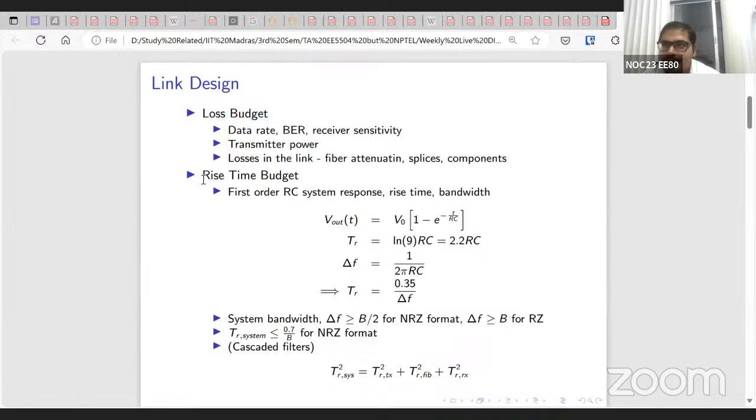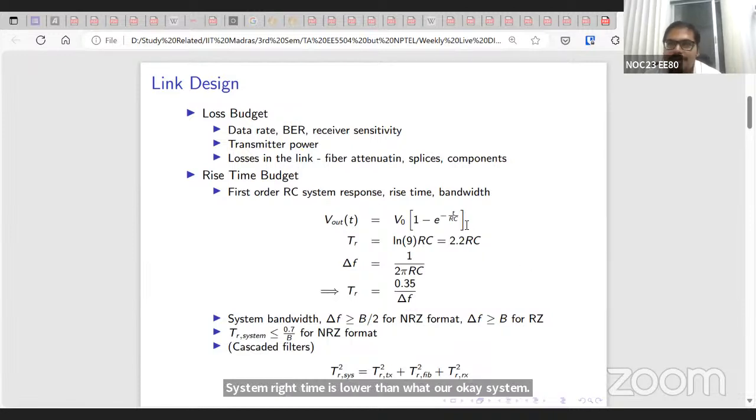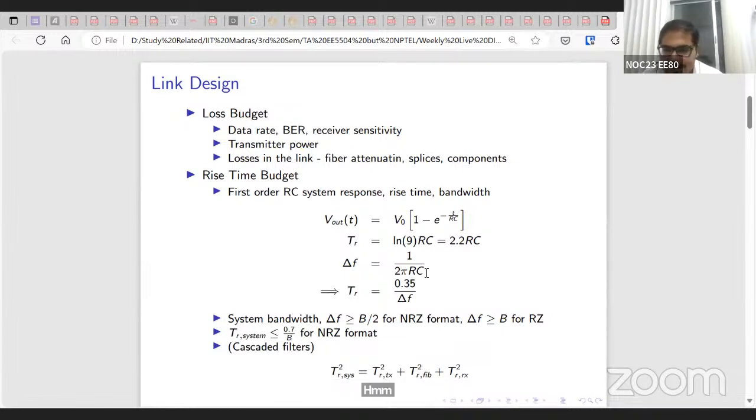And for the rise time budget, we make sure that the system rise time is lower than what our OOK system calls for. So we consider each of the contributing systems as a first order system, and then we treat them as cascaded filters.